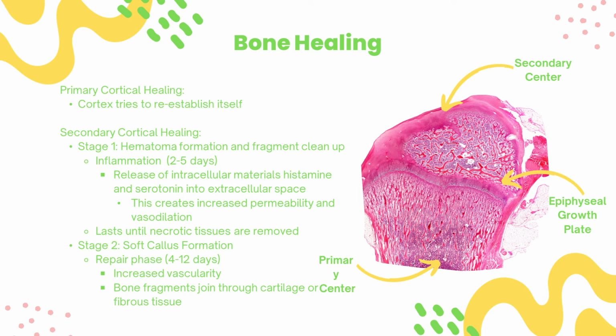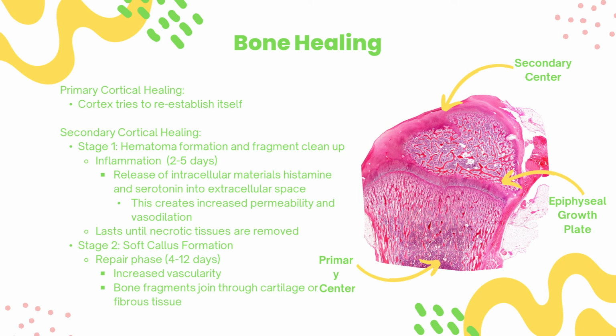Now let's go back into the 4 stages of the secondary cortical healing. The first stage is the hematoma formation, or a bruising type of formation. So during this bruising phase, that hematoma happens, the bone fragments start to get cleaned up, and that inflammation is occurring for 2 to 5 days.